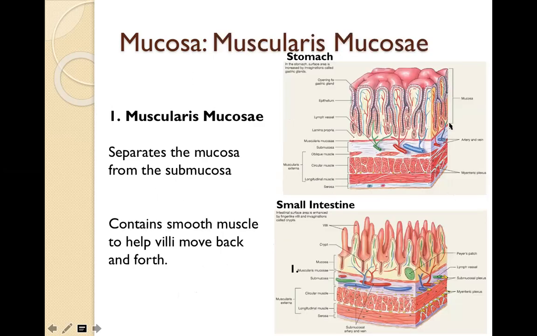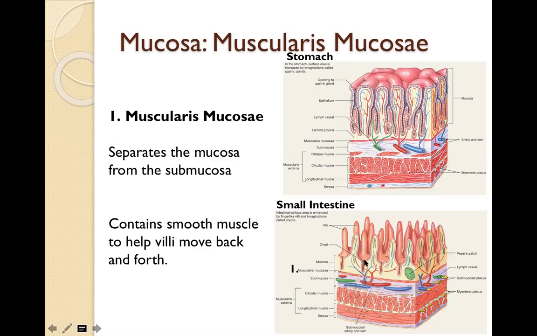Going a little bit deeper, you have the very thin layer of muscle called the muscularis mucosa. It's the muscle layer associated with the mucosa, so muscularis mucosa. There's really no better name for it. It is also the delineating factor between the mucosa and the submucosa. So the muscularis mucosa separates, but it also plays a role when it contracts.